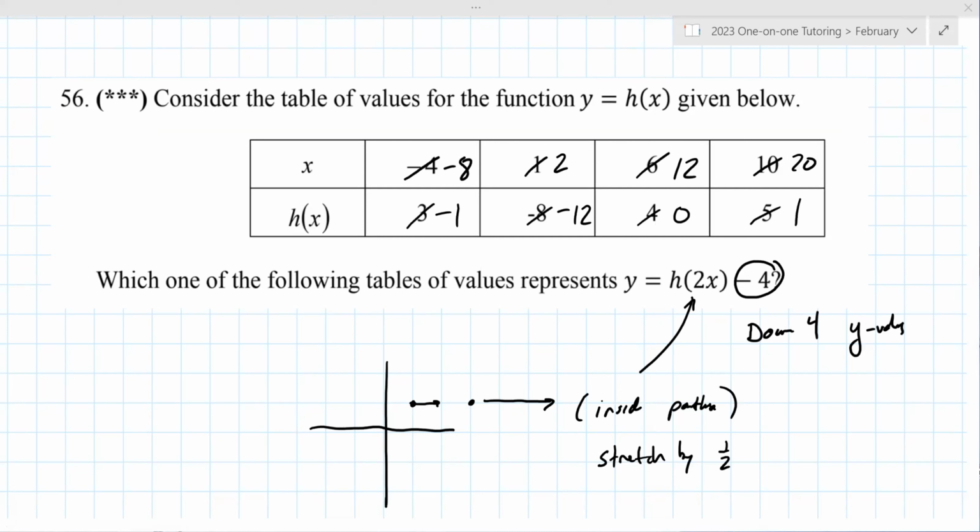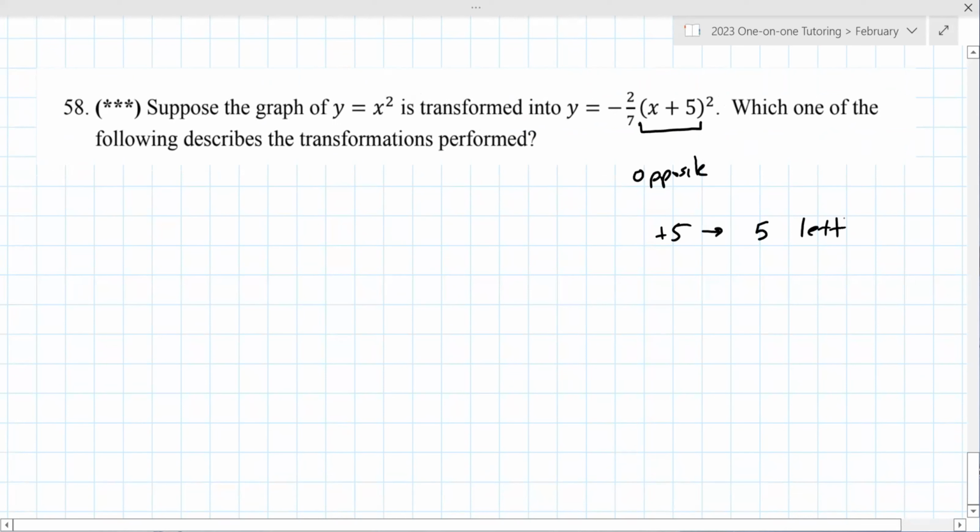Because it's +5, that means 5 left. And -5 would be 5 right. It's just opposite of what you might think. The inside part is always opposite of what you would think.